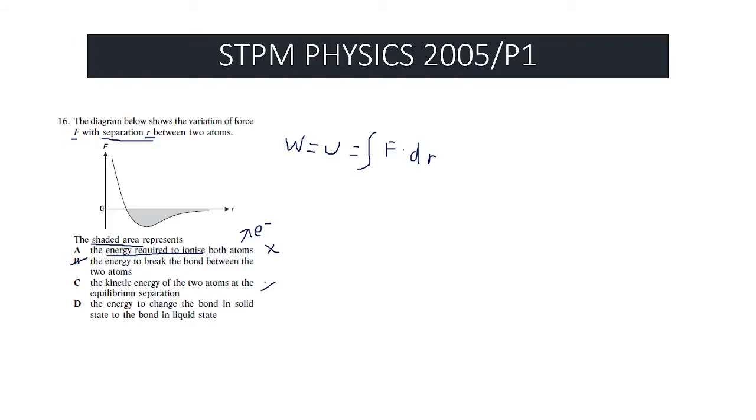This is also incorrect. It does not mention anything about velocity or motion, so kinetic energy is not involved in this case. So C is incorrect. The last one, D, the energy to change the bond in the solid state to the bond in the liquid state. This does not have a relation to this diagram here. So the correct answer is B.